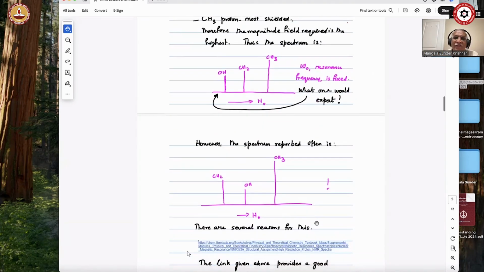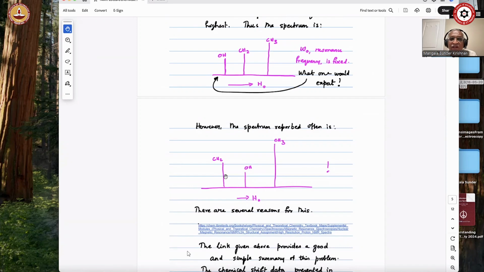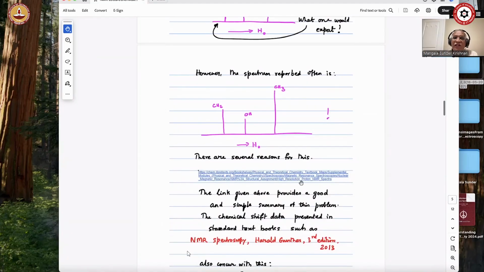However, the spectrum is slightly different, and there are several reasons for this, for why the methylene group goes first, then the OH, and then the CH3. When I send you the lecture notes, you must go through this link to find out the reason why the spectrum looks different. But what is important is you still get 3 lines corresponding to the 3 different protons.